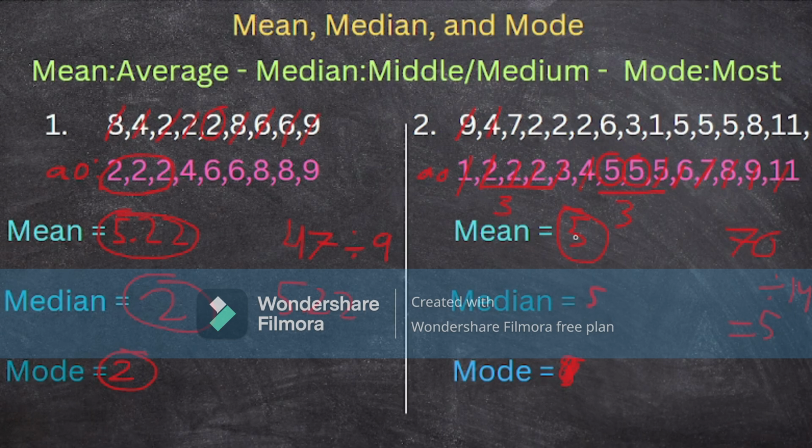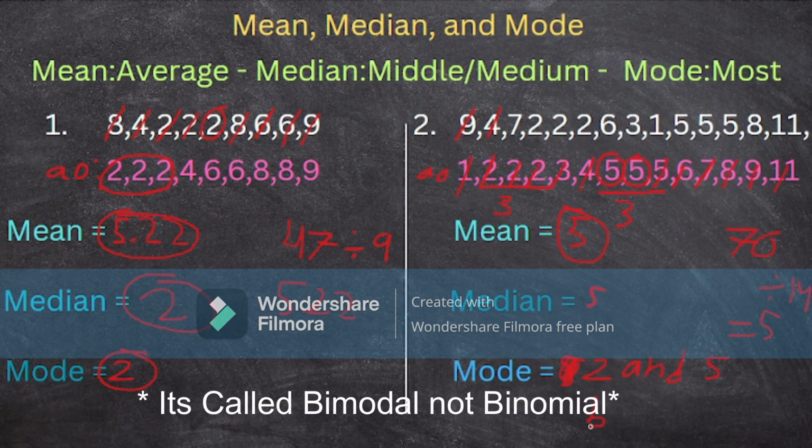So that means our mode is 2 and 5. And that is also called bimodal.